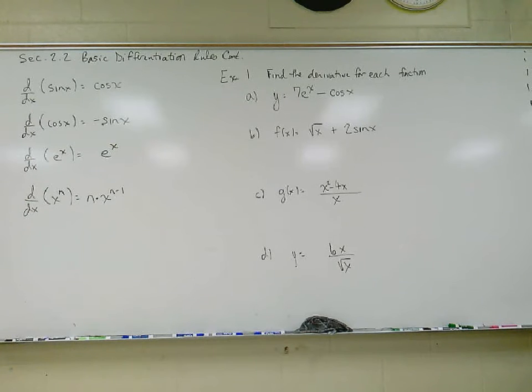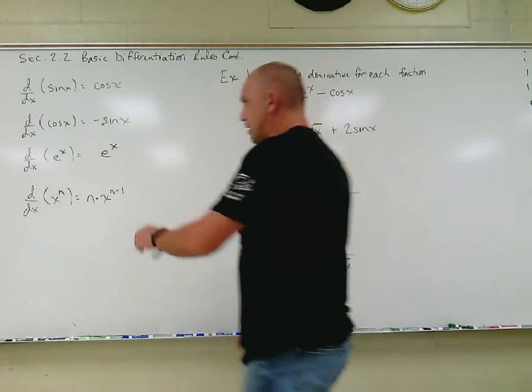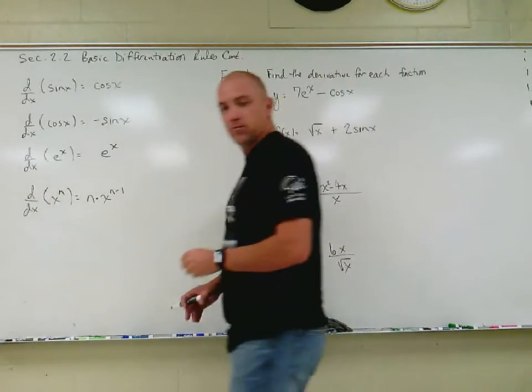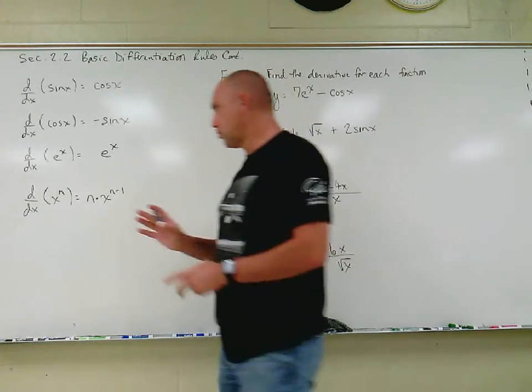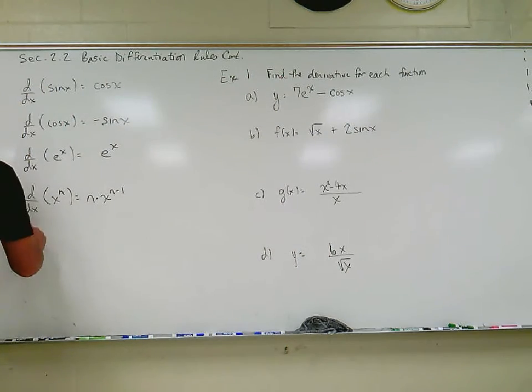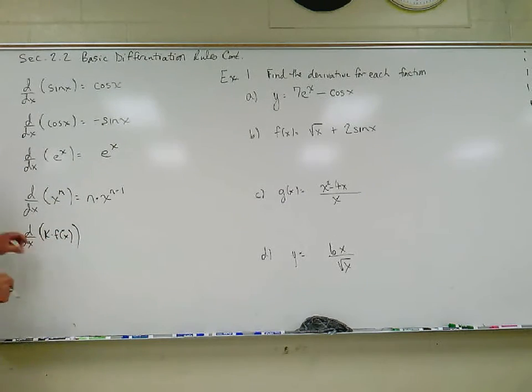Okay? And then I went ahead and put the power rule back up there, just as a reminder. Exponent moves down in front, subtract 1 from the exponent. And then the other couple rules that we'll use a lot of: if you have a constant multiplied by your function and you want to take the derivative, remember this is the operator for taking the derivative, d over dx.